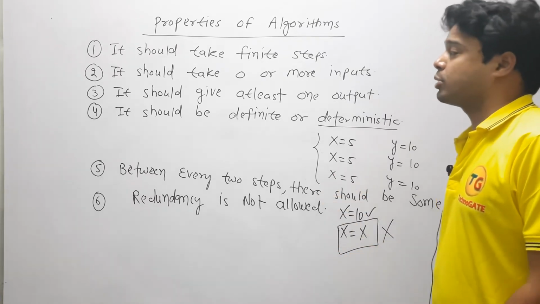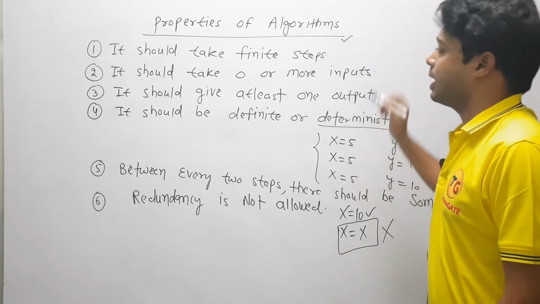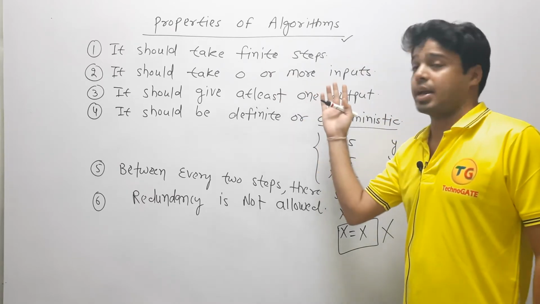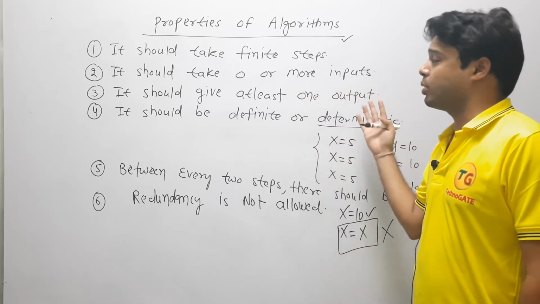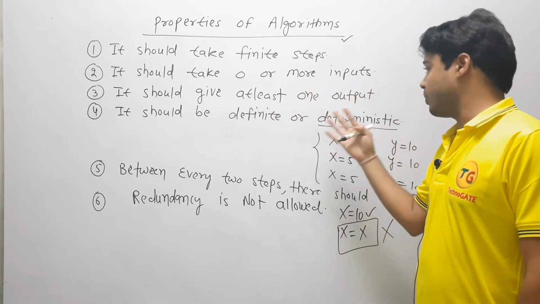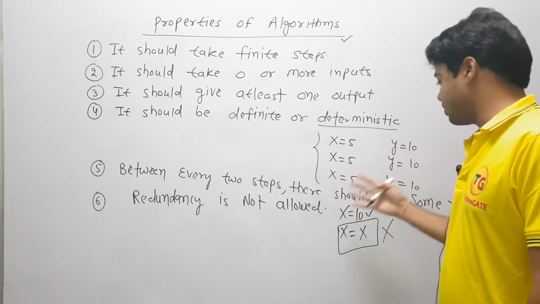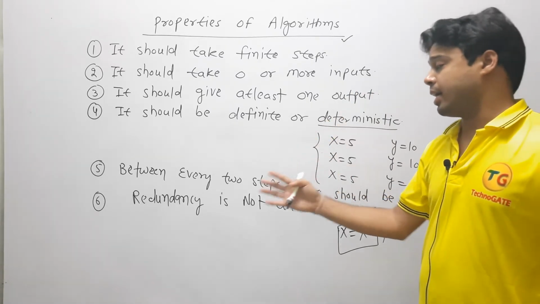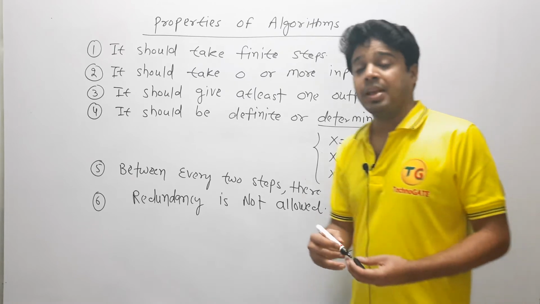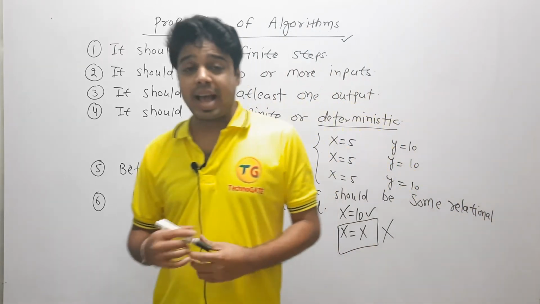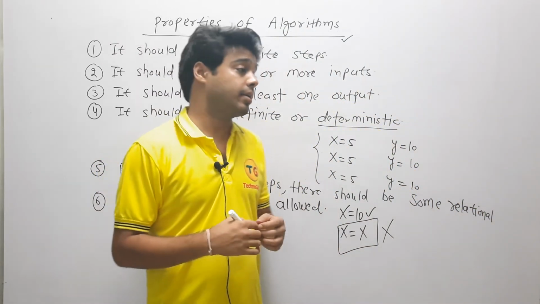So these are the six basic properties of an algorithm. It should take finite steps, it should take 0 or more inputs, it should give at least one output, be deterministic, there should be some relation between every two steps, and redundancy is not allowed. So the next important thing is what here?